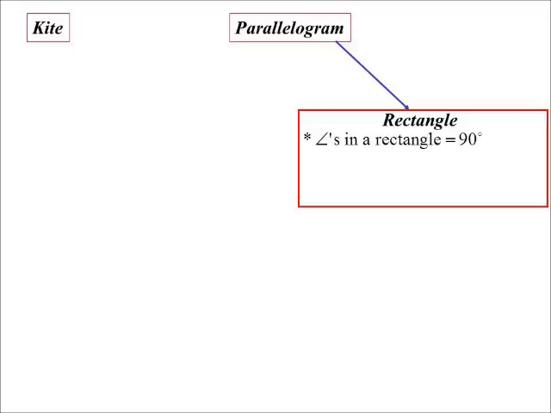So it's enough to say, okay, I've got a parallelogram, one of the angles is 90, therefore it's a rectangle. But diagonals are equal in a rectangle. And again, we can refine the formula a bit more and say, well, length times breadth for a rectangle.